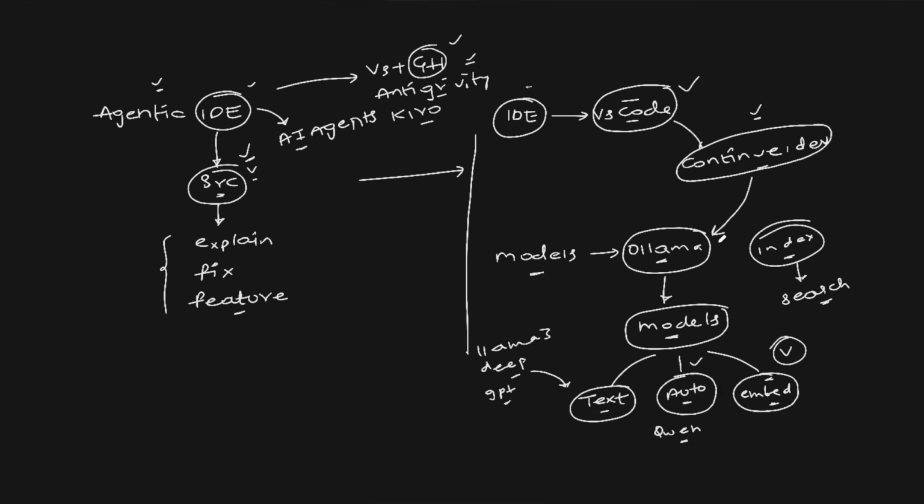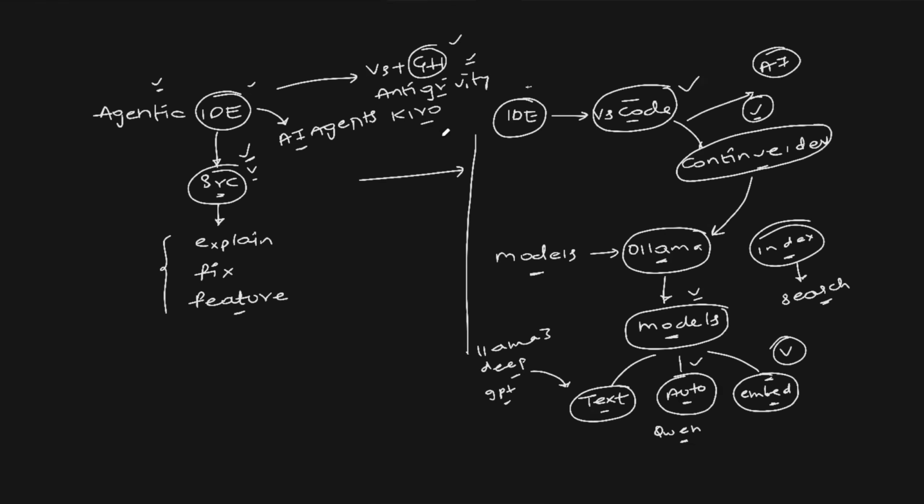But to make it special, we will use an extension called Continue.dev. Continue.dev can connect to Ollama, and using Ollama, it can connect to models that are running locally on your machine. So this way, Visual Studio Code is equipped with an AI agent.